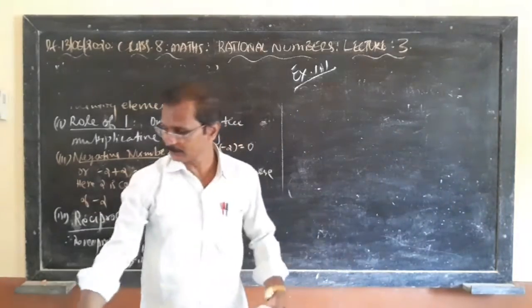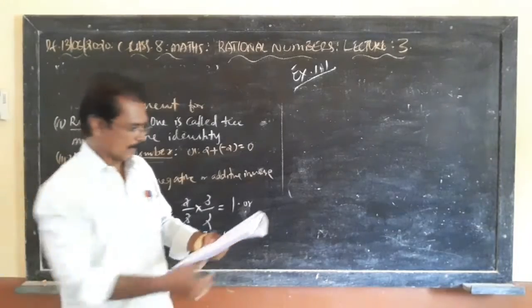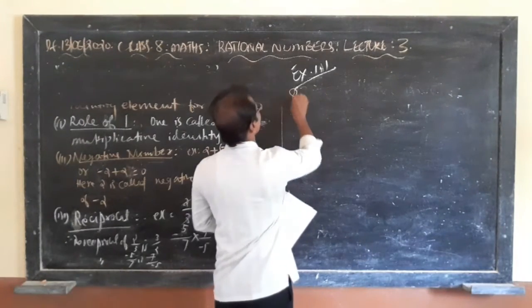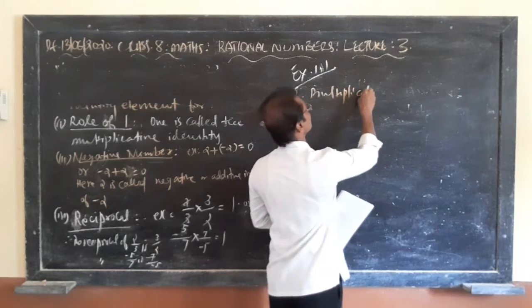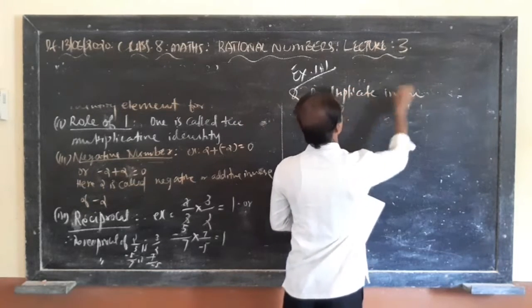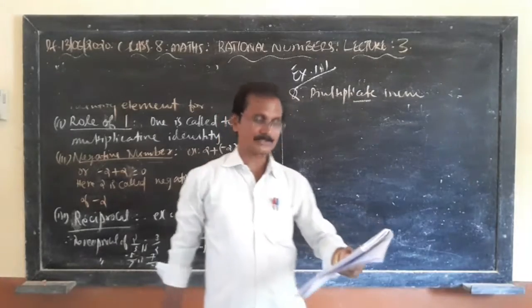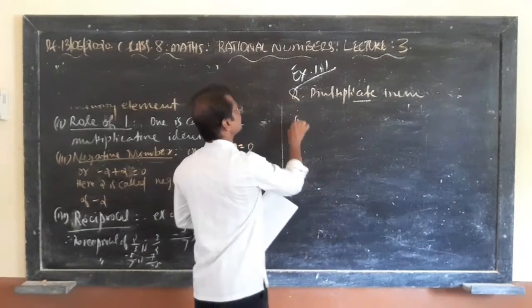Next question, find the multiplicative inverse. The first one is minus 13.